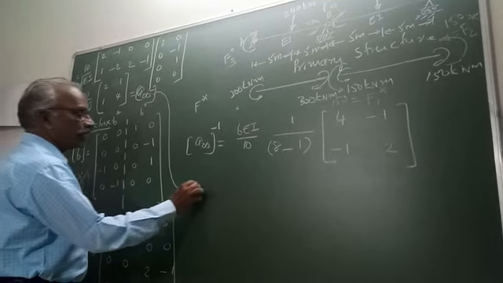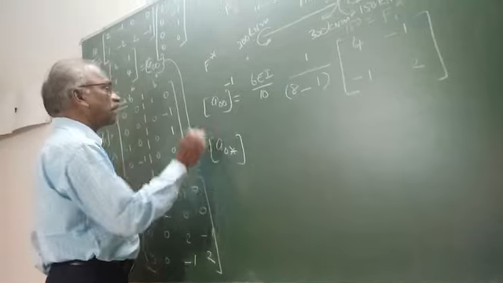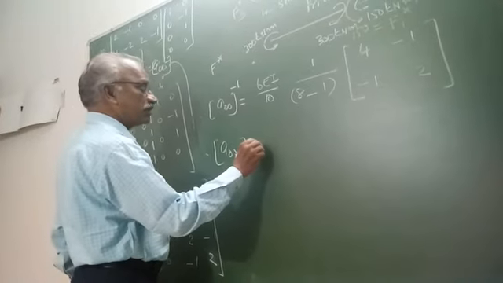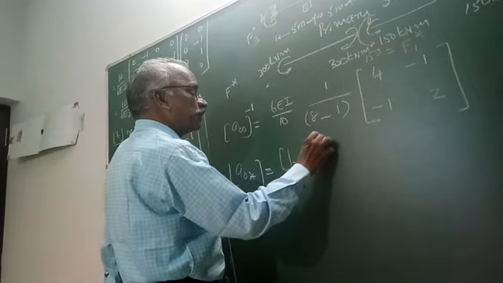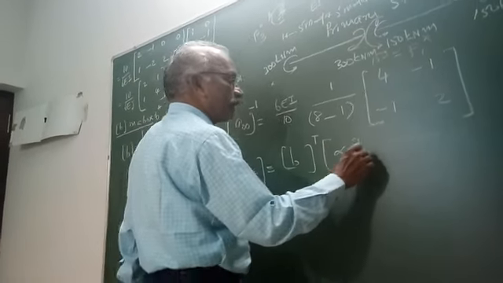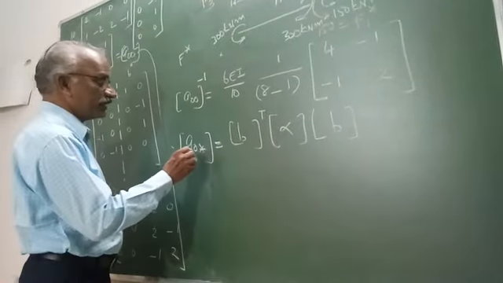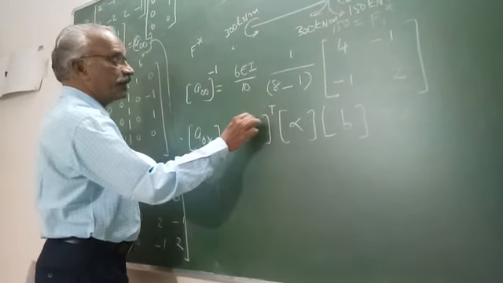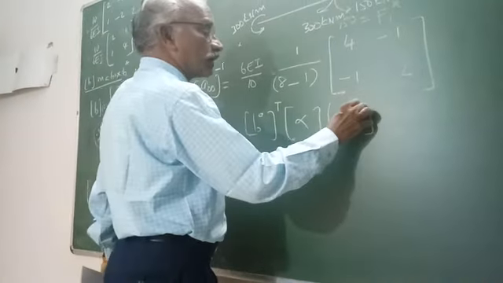Next, A naught star. We know the formula is B transpose alpha into B. Here it is A naught, therefore it is B naught. Here it is star, therefore this will be B star.